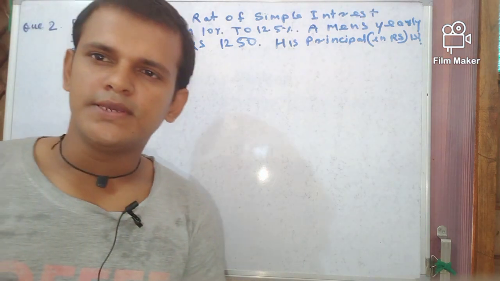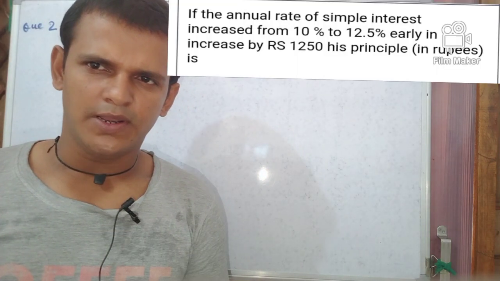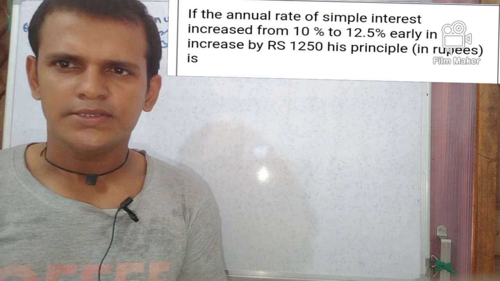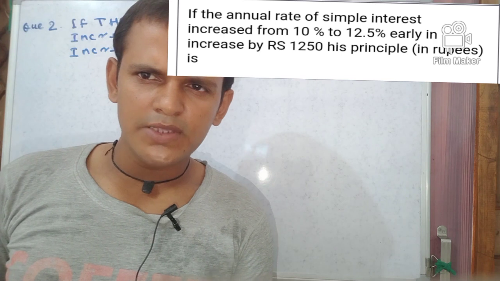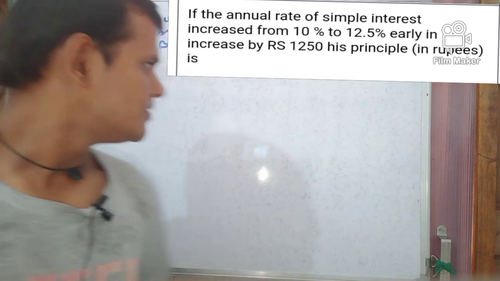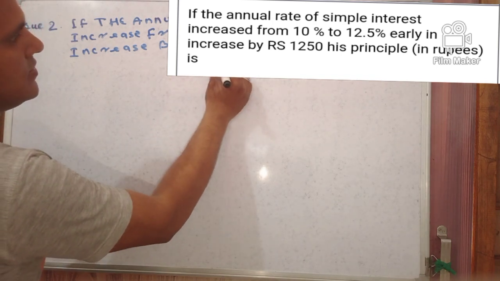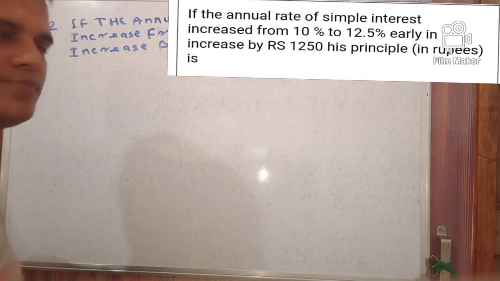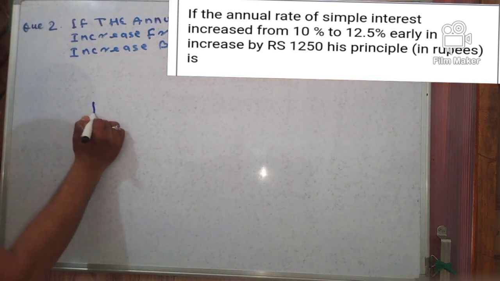So what is his principal? We need only the principal. Our target is to find what is his principal. So friends, keep in mind, principal will always be 100%. So keep here P equal to 100%.